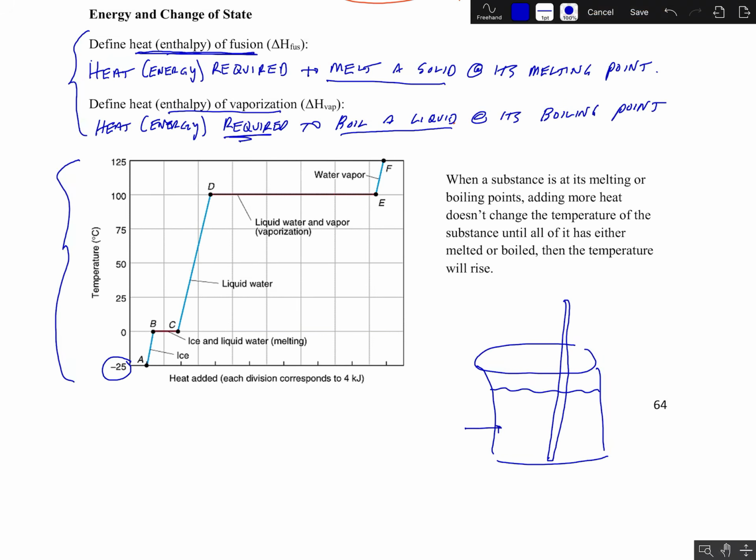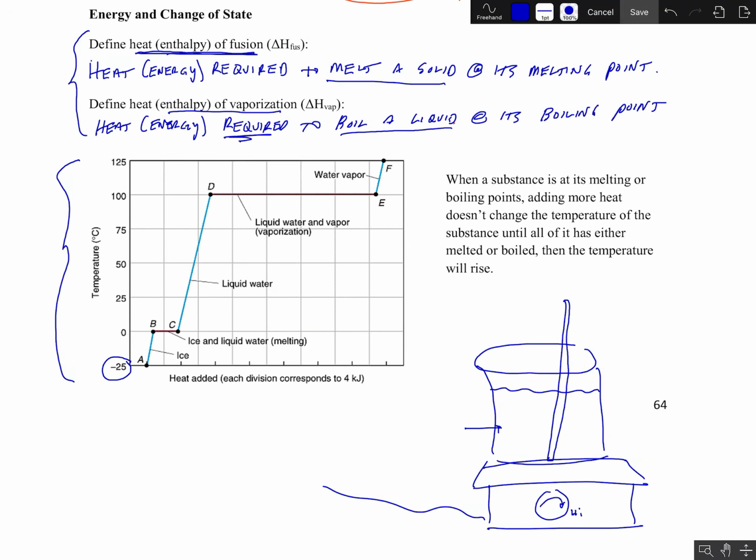It's all frozen to begin with. So you take this and you put this on a hot plate. So we're going to draw a picture of a hot plate here. All right, and we're going to plug it into a wall outlet, and we are going to turn the heat on. So we're going to turn it on to high. And as you turn the heat on, obviously the temperature of that ice begins to increase.